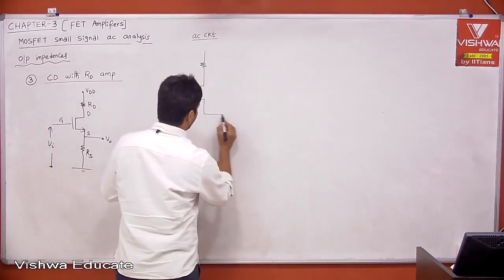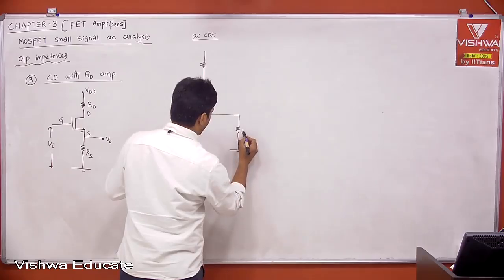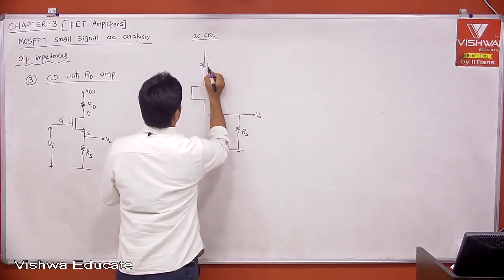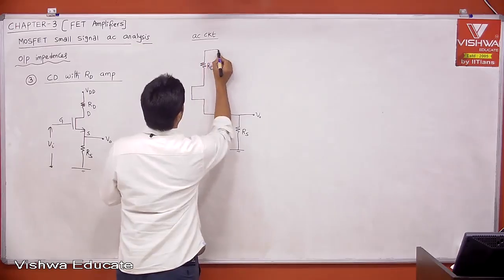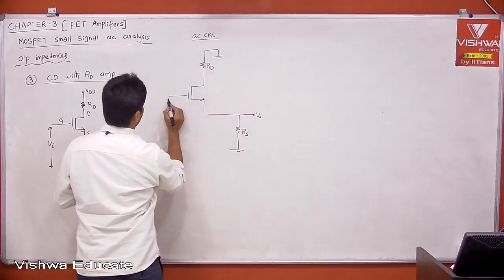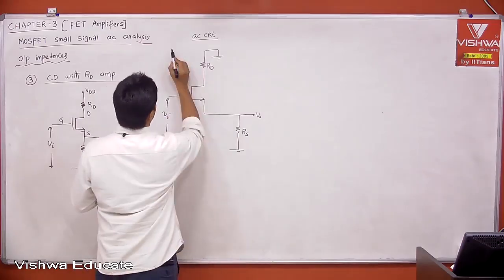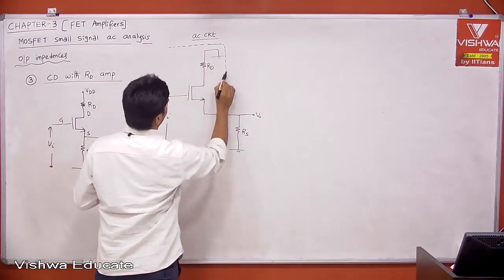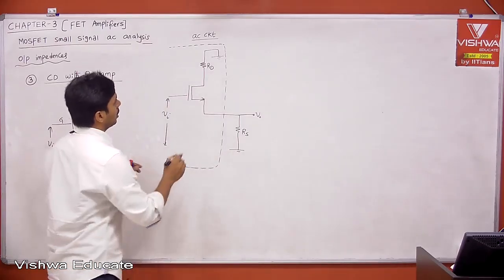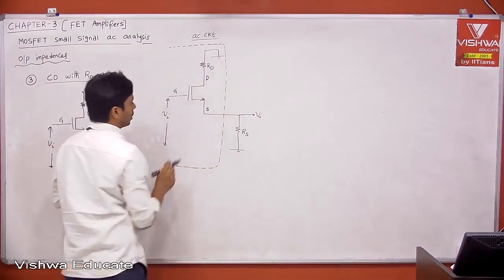If I extend the load to the right hand side, this is the load RS, and this is V0, this is RD, and this is connected to AC ground. This is your small signal input, and this is your black box with respect to the load. This is drain, source, gate.